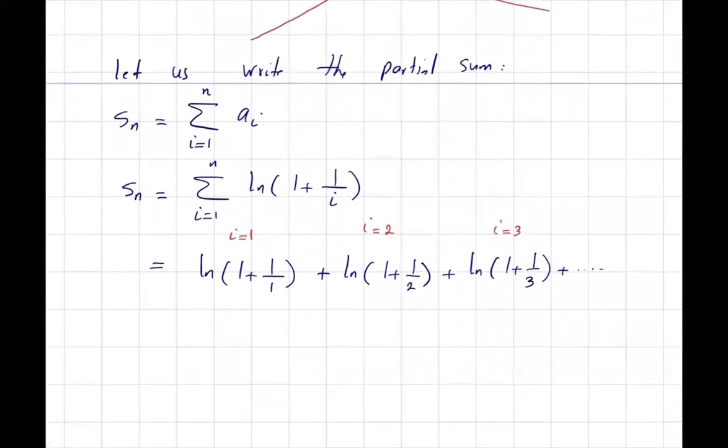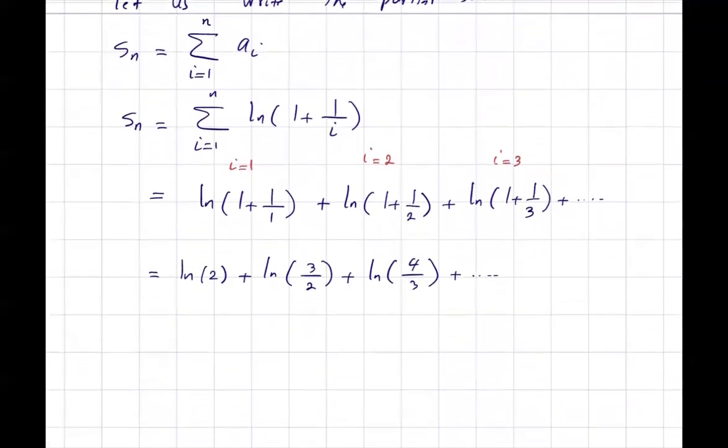But take a look at this sum. You have ln of 2 plus ln of 3 over 2 plus ln of 4 over 3 plus the rest of the terms, am I right?